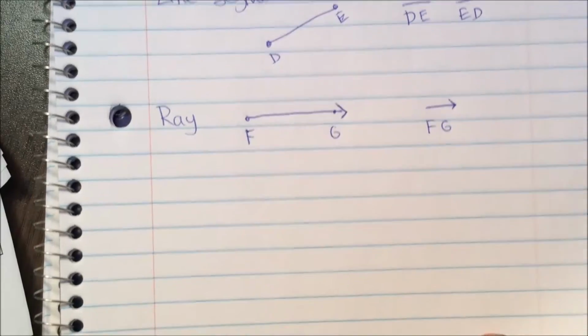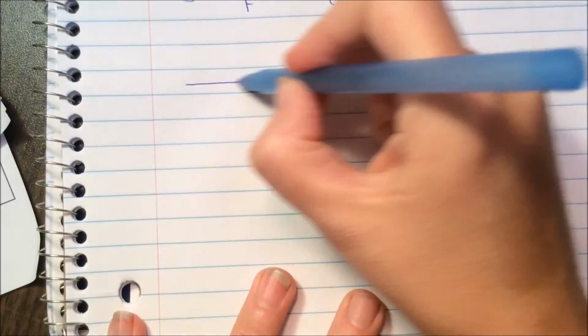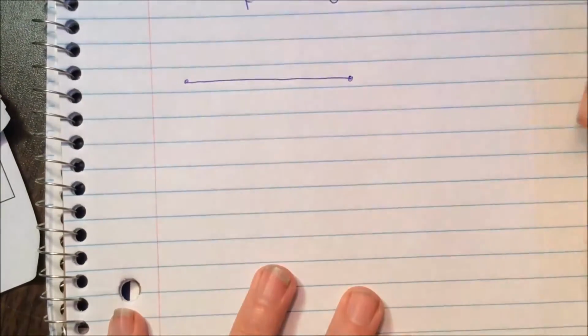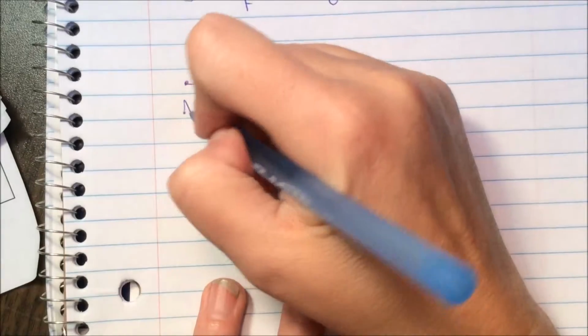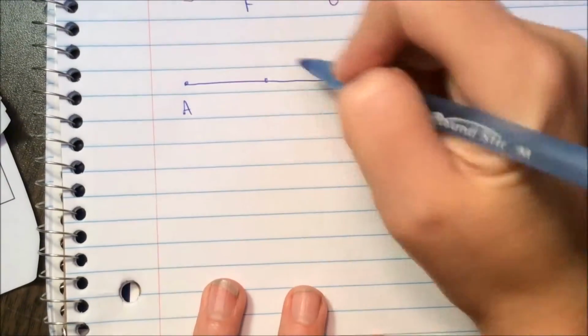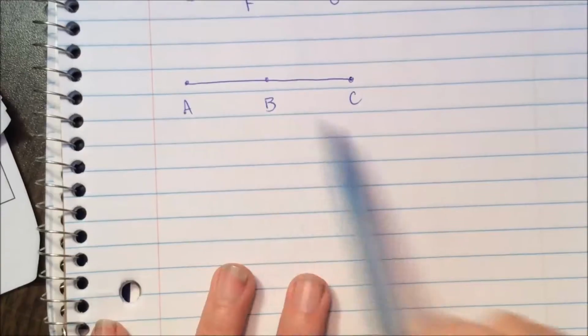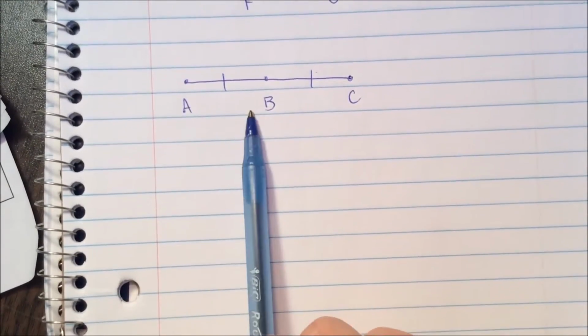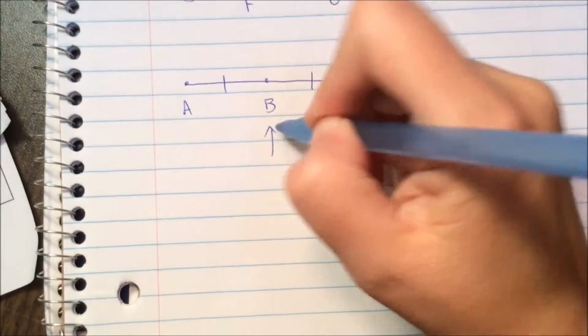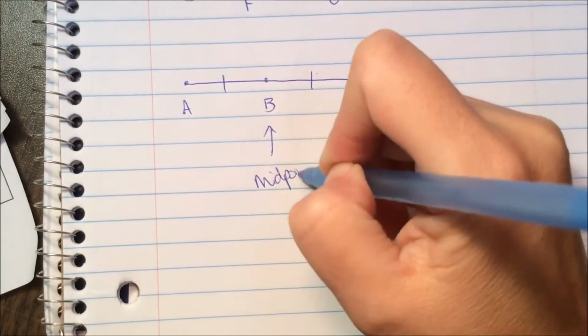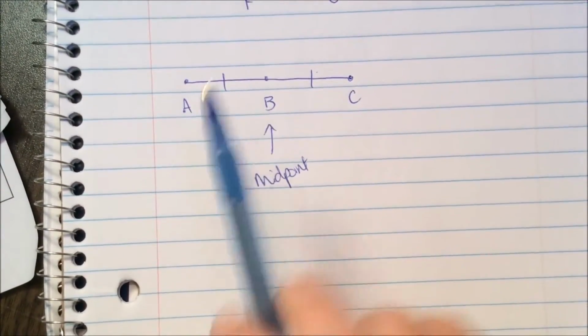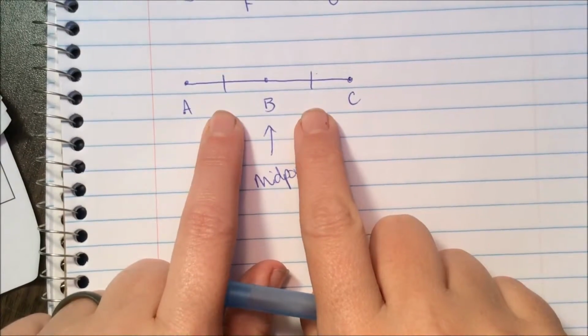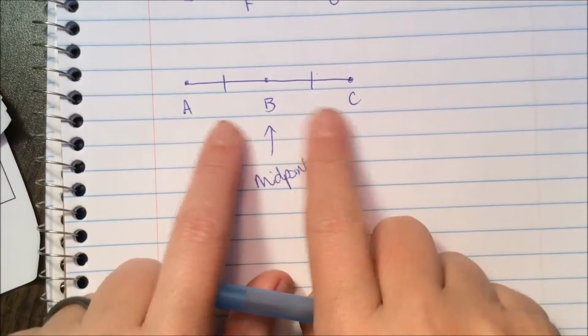The next thing that you need to know is, let's say that you have a line segment, and let's say it's A, B, C, and let's say it's marked like this. So what that means is that B is the midpoint, because what this marking means is that these 2 line segments are congruent.